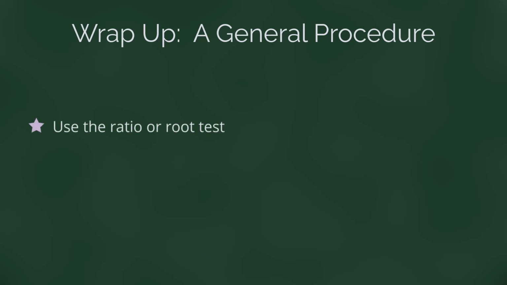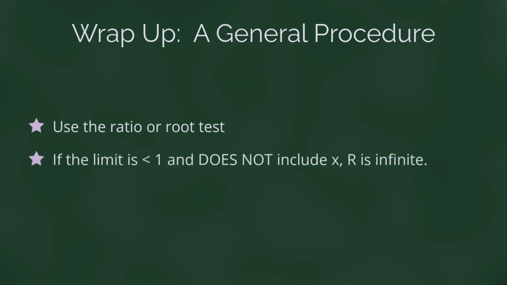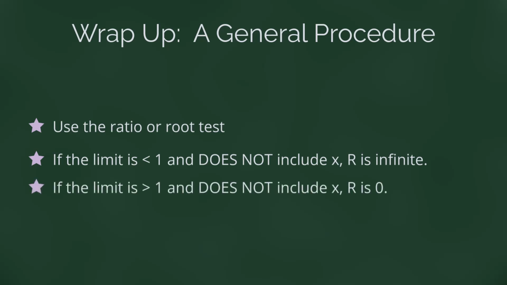We're always going to start with the ratio or root test. We'll make that determination based on the structure of the series in question. When we've completed the test, if the limit is less than 1 and does not include any x's, then we know our radius of convergence is infinite. If the limit is greater than 1 and does not include any x's, then our radius of convergence is 0.